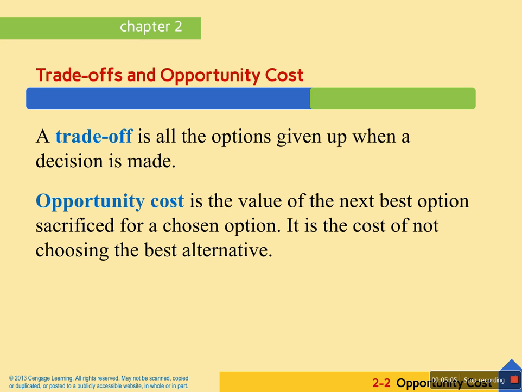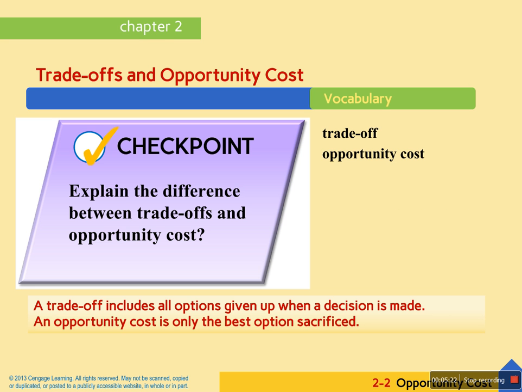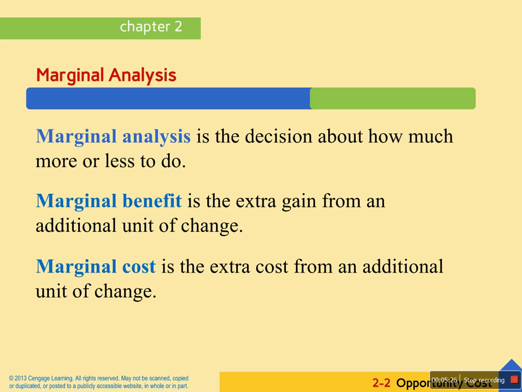So for every pack of cigarettes that a person were to buy at $10 a pack, if that $10 were taken instead and invested at 8% over a period of 30 or 40 years, the amount that it would be worth is the opportunity cost between the decision to buy that pack of cigarettes and the decision to invest that money.